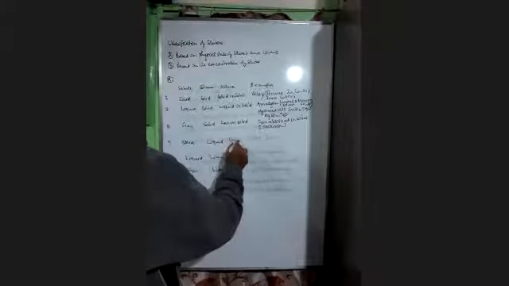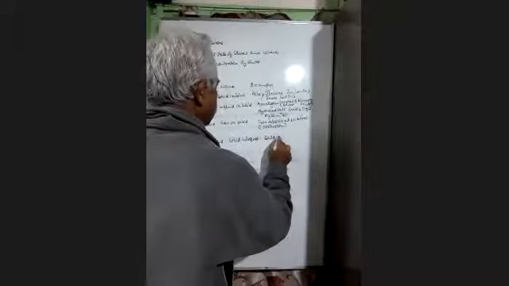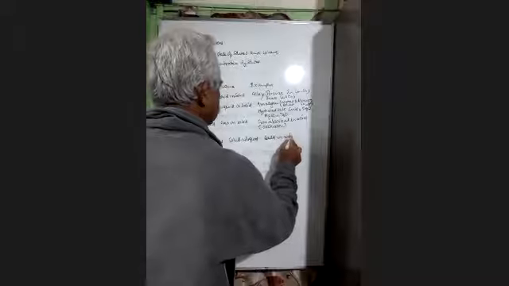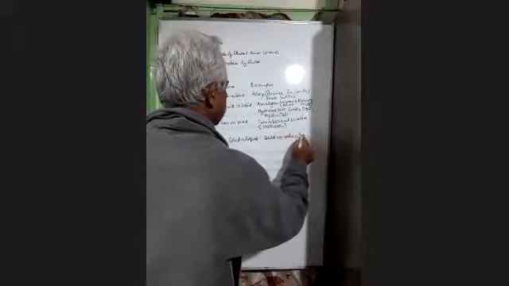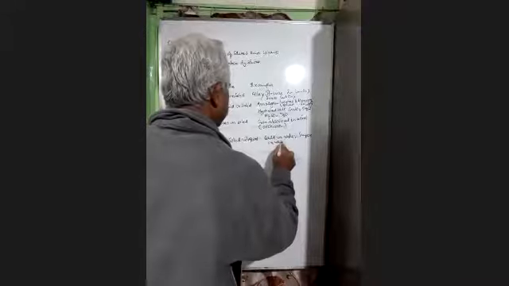The first is solid in liquid. What is the example? Salt in water. This is the most common thing that we have done. Sugar in water. This is the example.